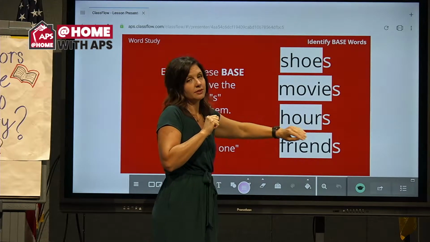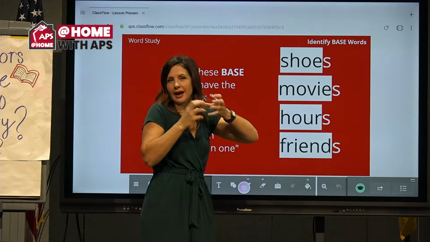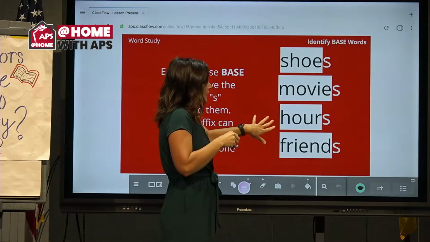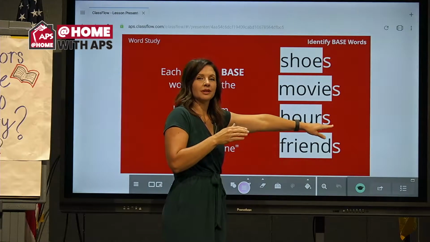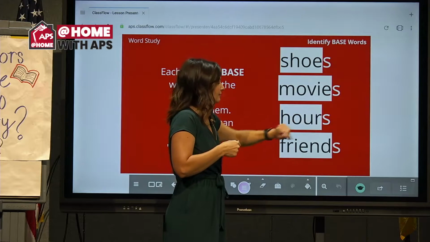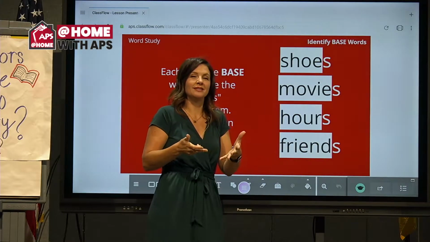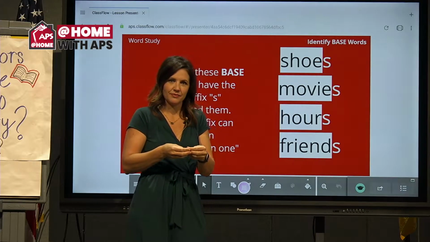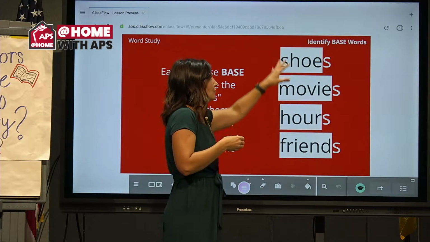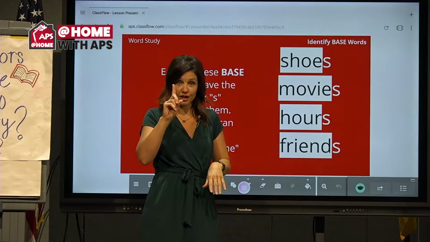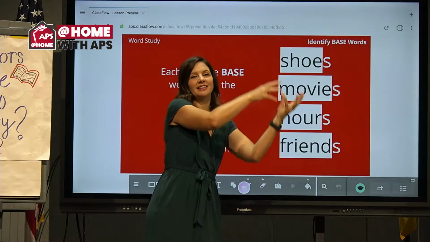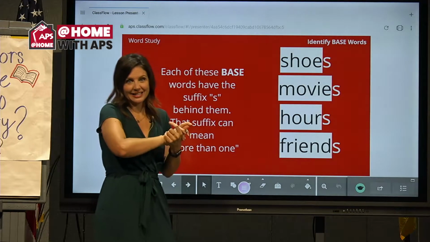Hour, maybe a class is 1 hour long, but school itself can be hours long. And the base word in the word friends is friend. These are examples where the base word comes first and the suffix comes behind the base word.